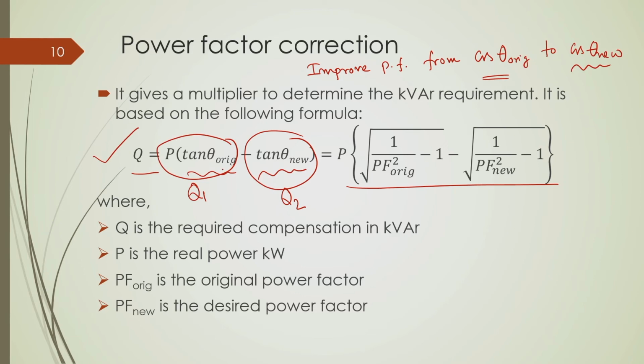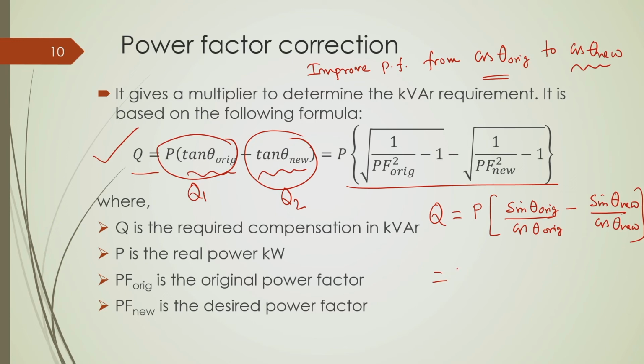In order to do so, it is very simple. Let us write it: this is P multiplied by tan theta, I can write it as sin theta original divided by cos theta original, and similarly this is also sin theta nu divided by cos theta nu. Okay. Now, I have to replace this sin theta by cos theta.